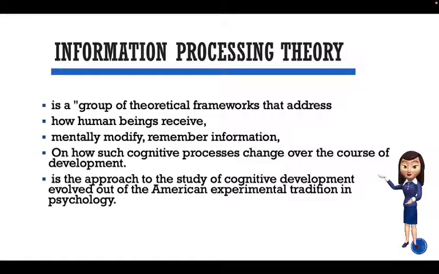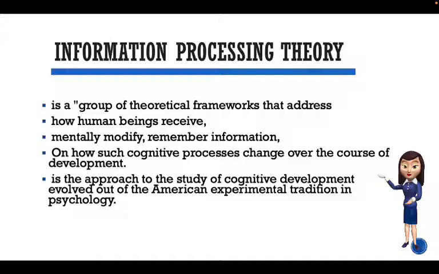The theory is based on the idea that humans process the information they receive rather than merely responding to stimuli. This perspective uses an analogy to consider how the mind works like a computer.